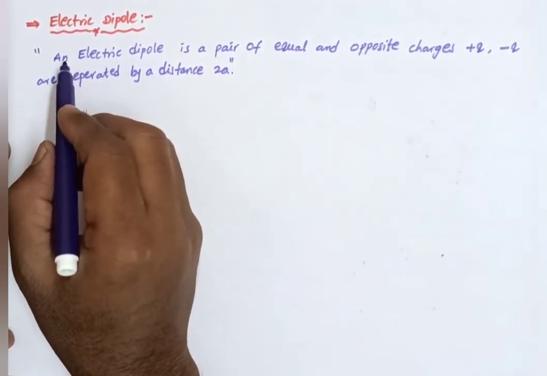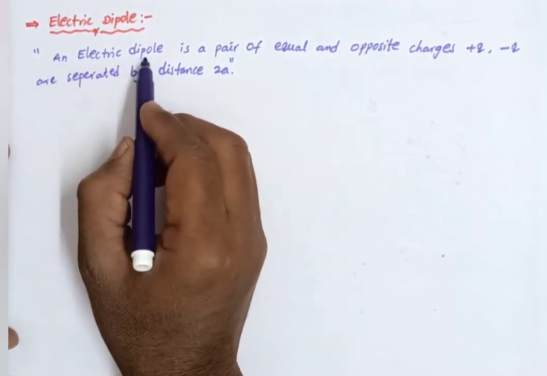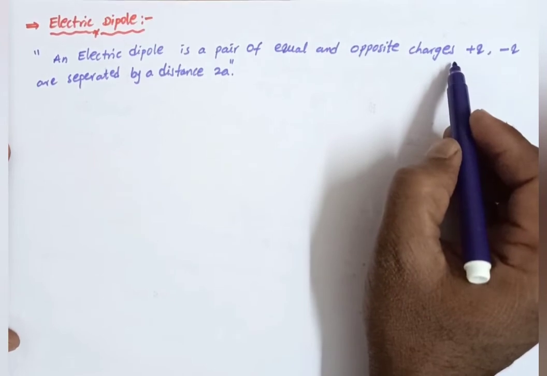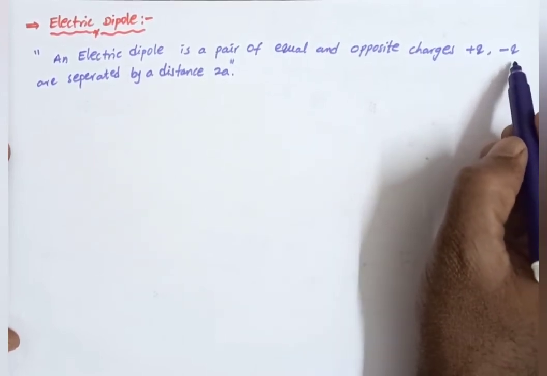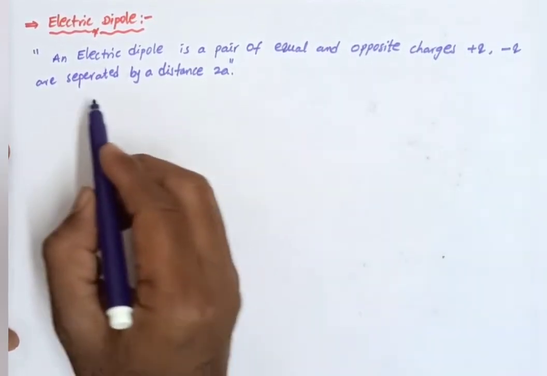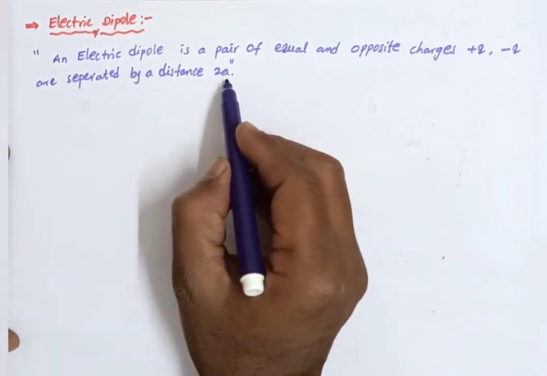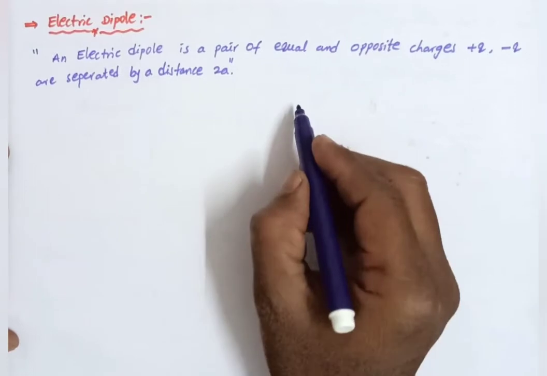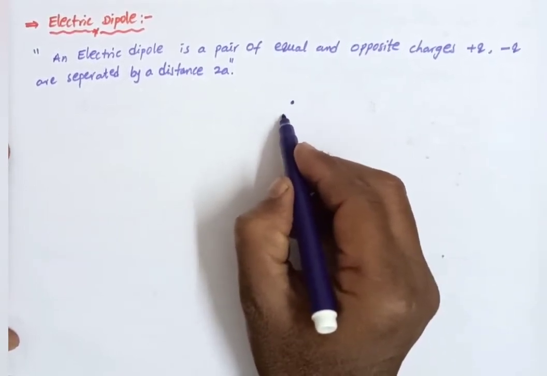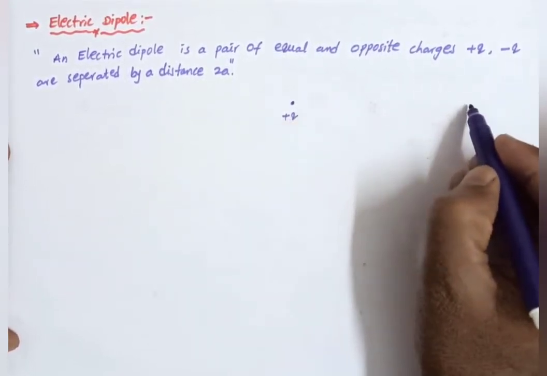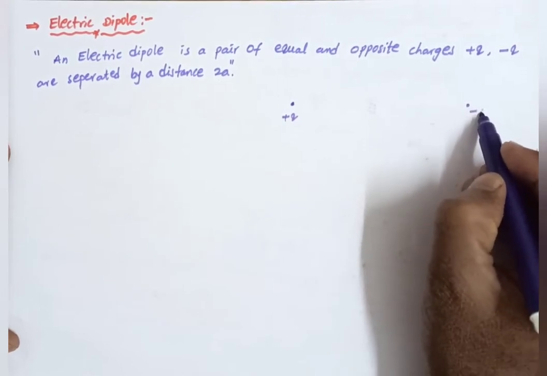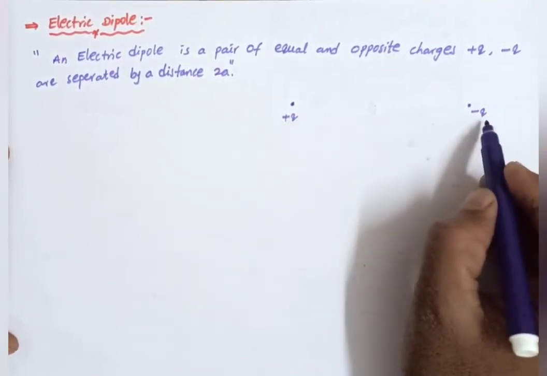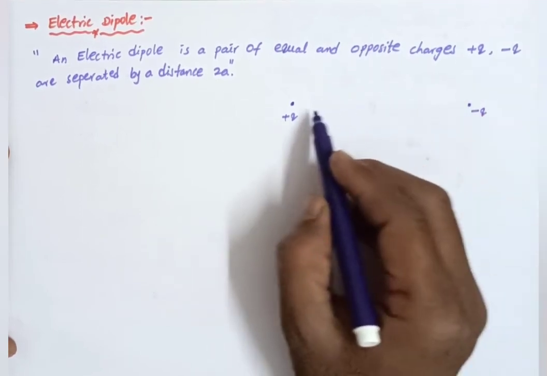An electric dipole is a pair of equal and opposite charges, that is plus q and minus q, separated by a distance 2a. For example, this is plus q, this is minus q, equal quantity of opposite charge.